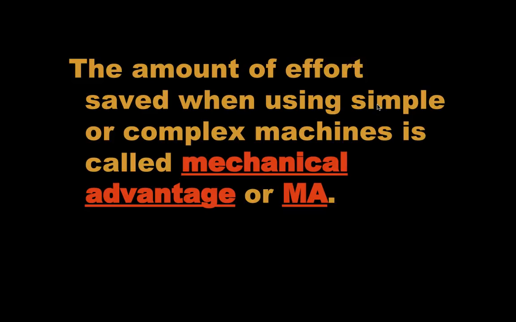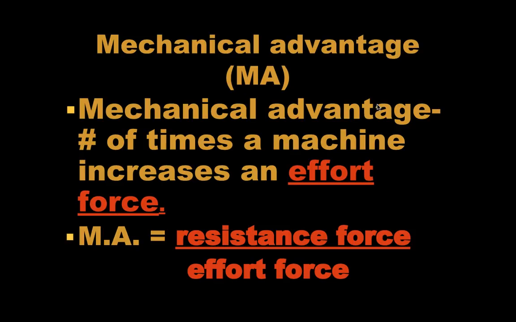So what we call mechanical advantage, or MA, is the amount of effort saved. I don't have to use nearly as much force to open a can. It's actually pretty easy. The trade-off is distance. And that effort that I saved, that's called the mechanical advantage. Again, sometimes we're going to just call it MA.